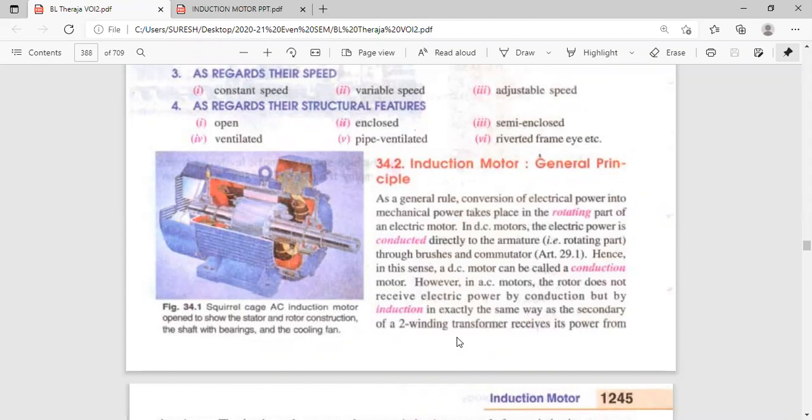How will we make the iron piece as magnet? If we wind the field winding on the iron piece, we are magnetizing the iron piece as magnet. We are using field coil. Field coil is nothing but stator coil. Stator means stationary coil. How will we make the iron piece as magnet? By winding the coil on the iron piece.